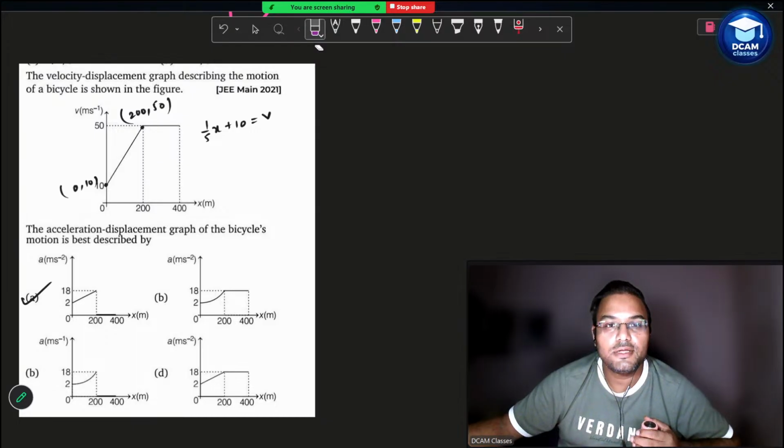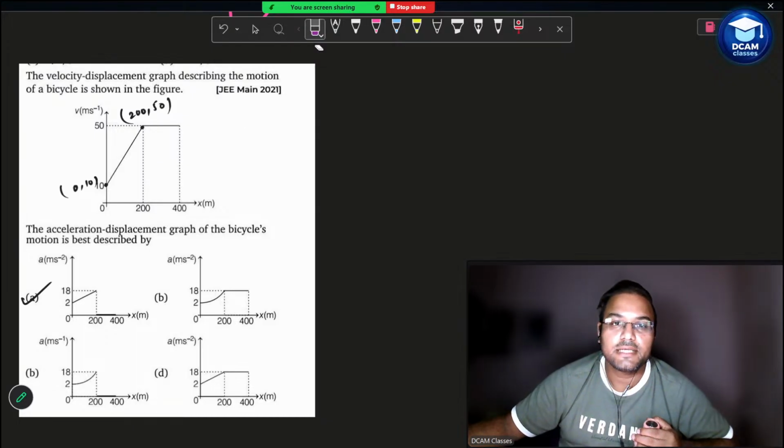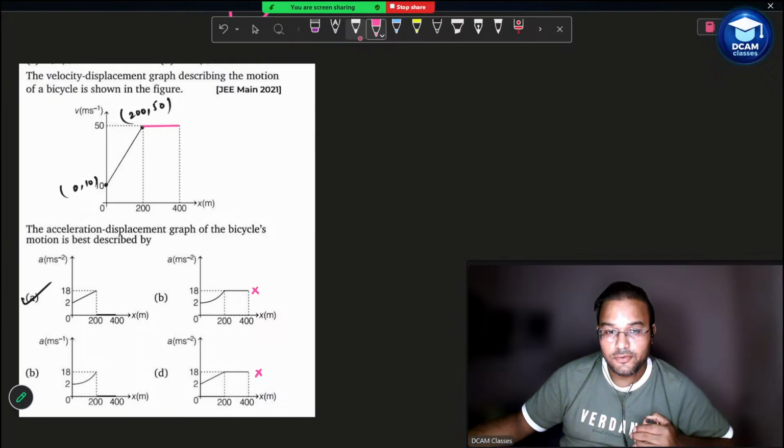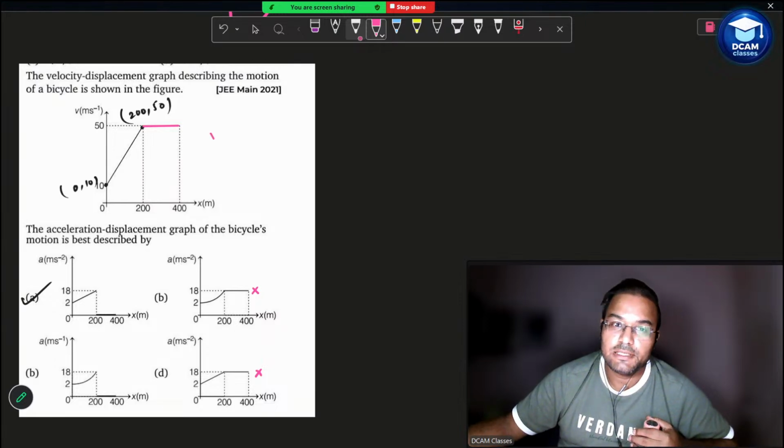So you will find out the equation, then you will do it. But the second thing is easy because the velocity is constant for every displacement. So the acceleration would be 0. And then you can cancel these two out, and only graphs A and B would be there. Now, because the velocity displacement graph is a straight line, velocity would be proportional to x.